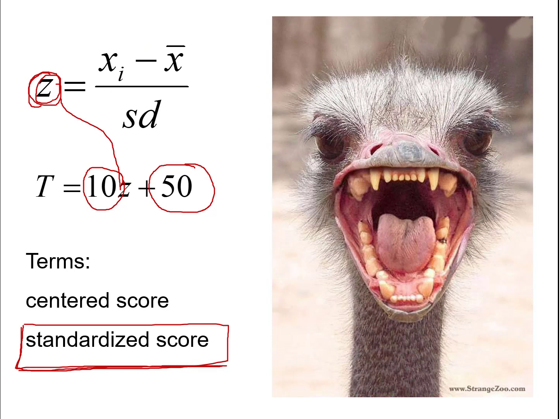And if I transform my z-score into a t-score or into any other type of score that has a set mean and standard deviation, I'm going to call that a standardized score. So a z-score and a t-score are both examples of standardized scores. And any system where I set my scale to have a specific mean and a specific standard deviation, I'm going to call a standardized score.